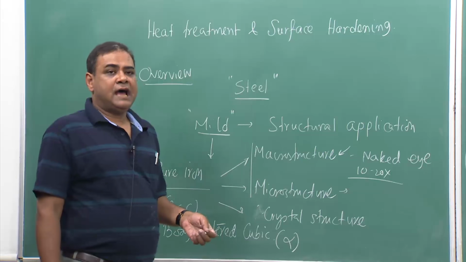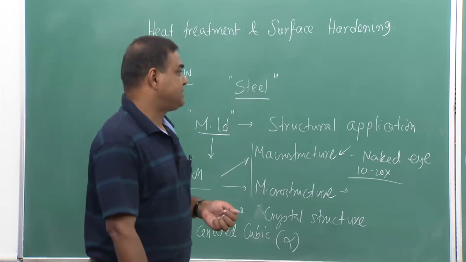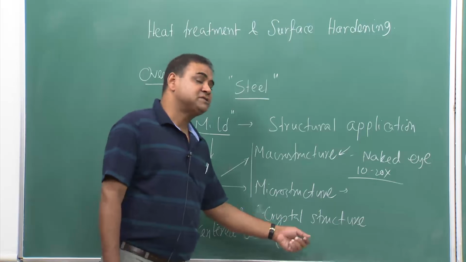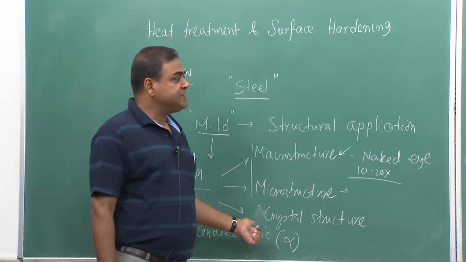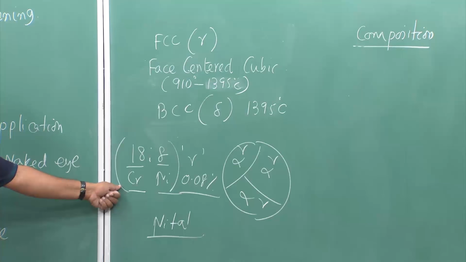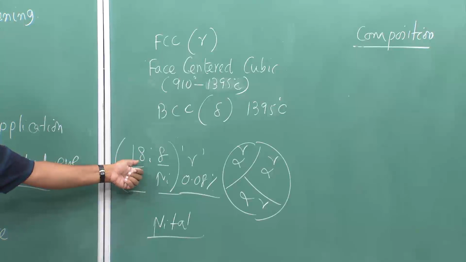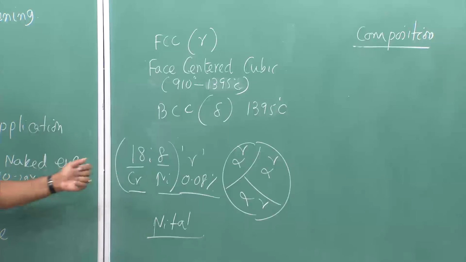As we change the temperature, we see that different structures appear, which are basically nothing but the crystal structure. And if we change the composition, for example, we talked about gamma iron, which is nothing but 18H stainless steel, which has a crystal structure of gamma or FCC.